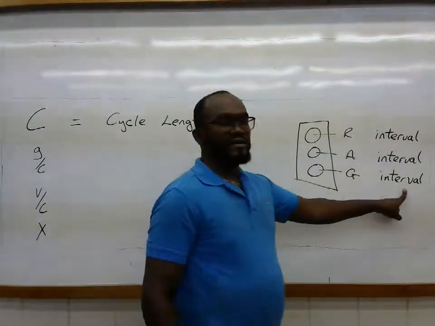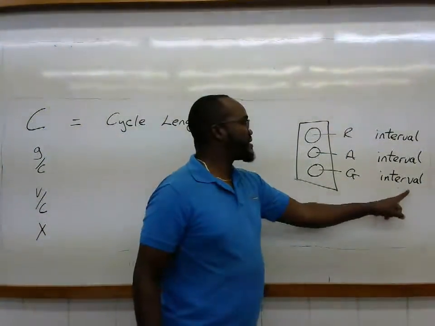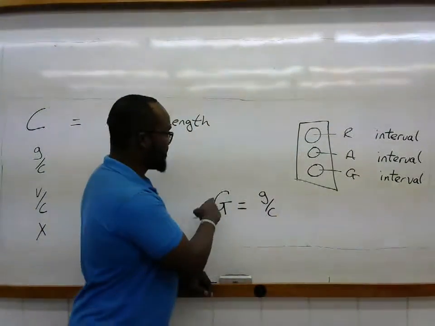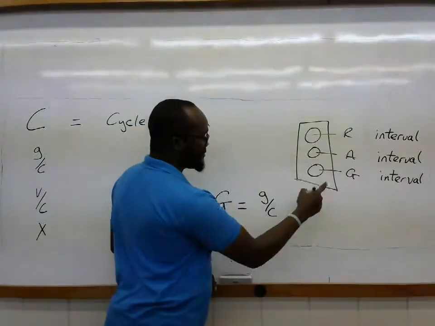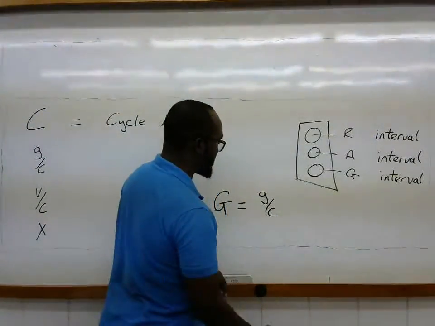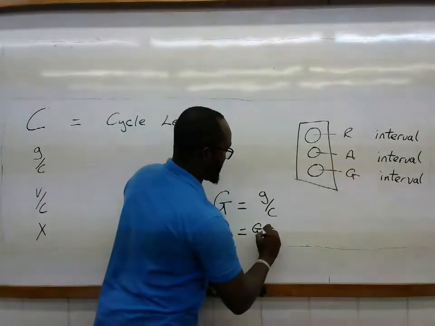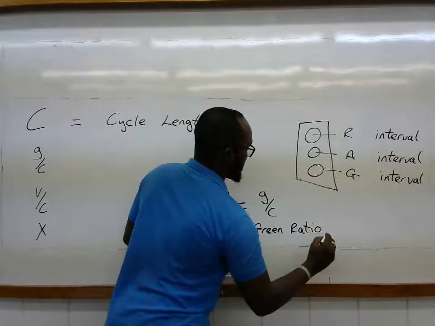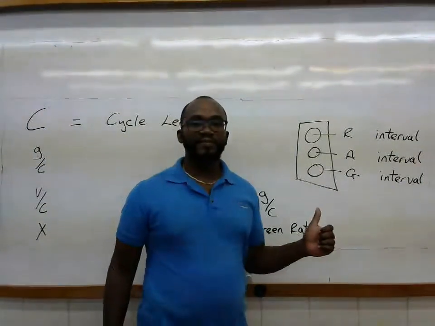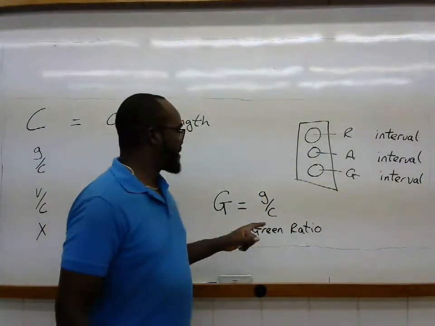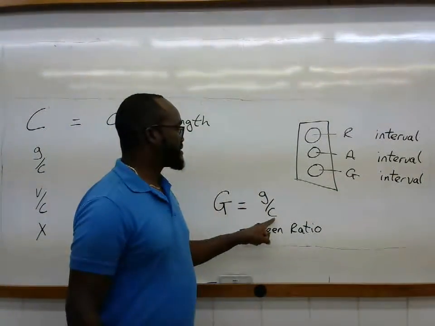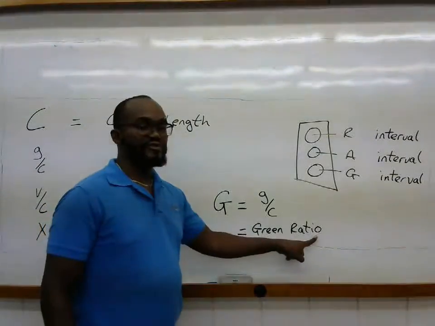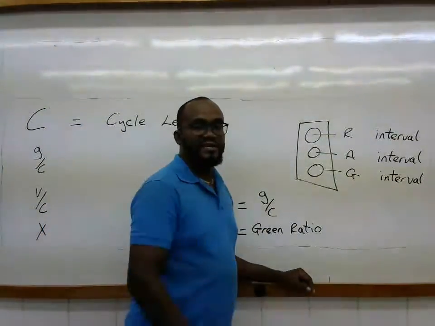The green interval is important because we use this to work out what we call the green ratio. Big G being the time for green divided by the cycle length. Recall in the formula to compute D1, which is the control delay, there was an element referred to as G upon C in the numerator. That's called the green ratio and is actually used for each particular direction.